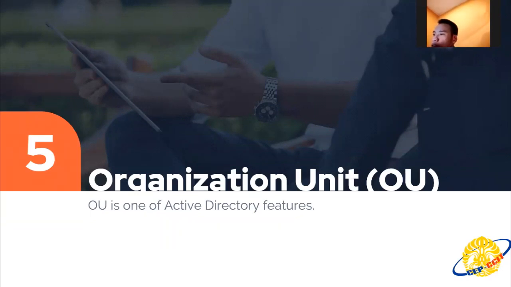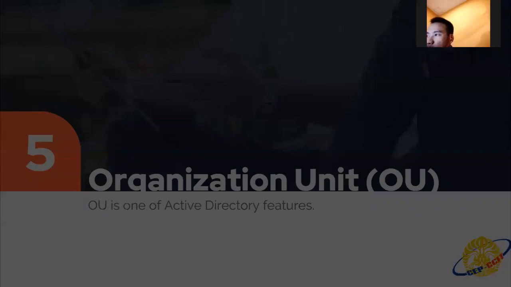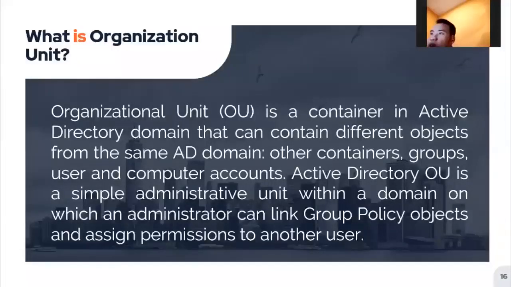Chapter 5, organization unit. What is an organization unit? An organization unit, or OU, is a container in an Active Directory domain that can contain different objects from the same domain.